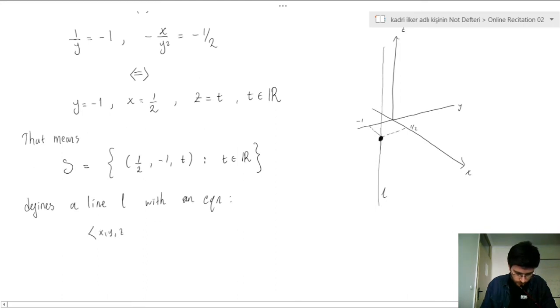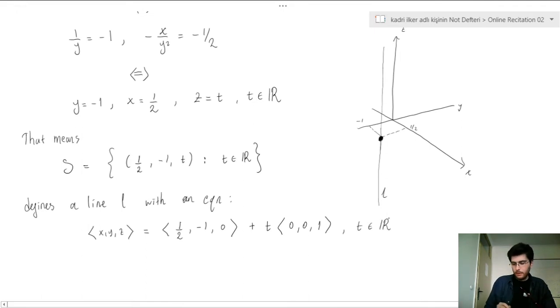So let me write it down in vector notation. Okay, this will be the case. t times (0, 0, 1). This is exactly the equation of this line.